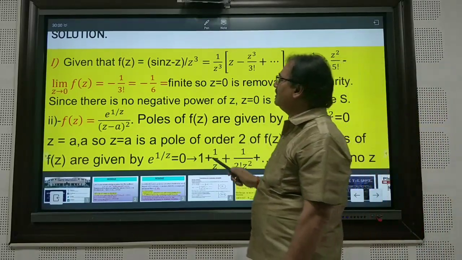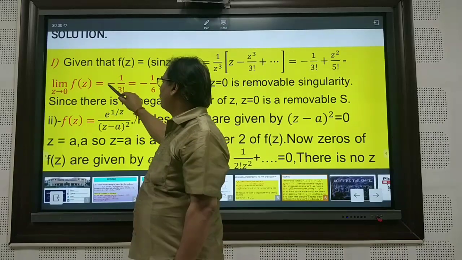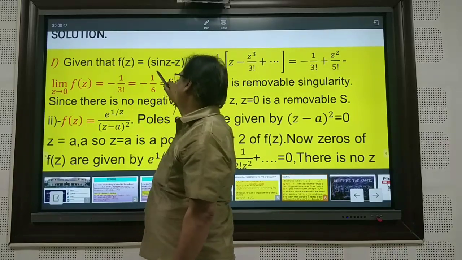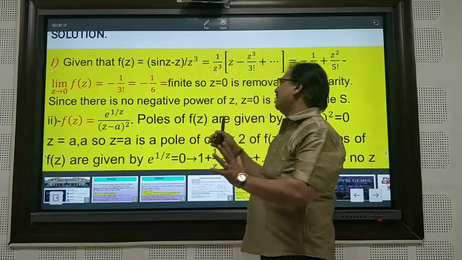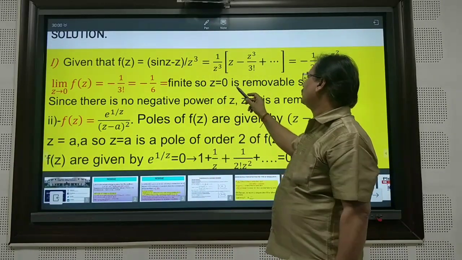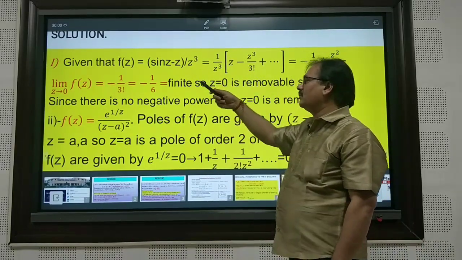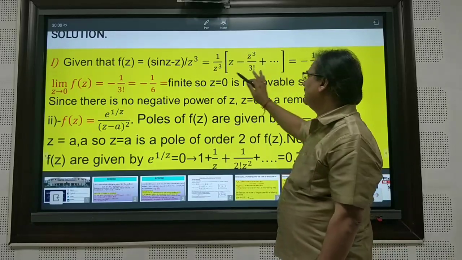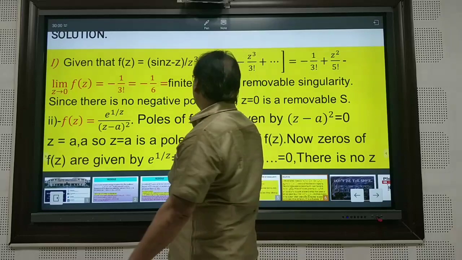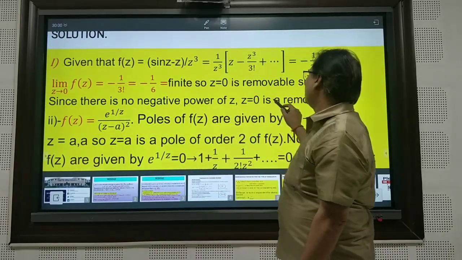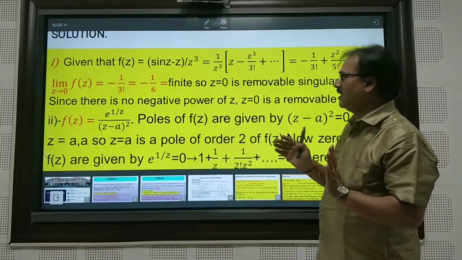Putting in the limiting value, you get minus 1 by factorial 3, which is minus 1 by 6, a finite value. So z equal to 0 is a removable singularity, as we showed in the previous PPT. If this is finite, then it is a removable singularity. Since there is no negative power of z, z equal to 0 is a removable singularity. In this way you can declare your result.